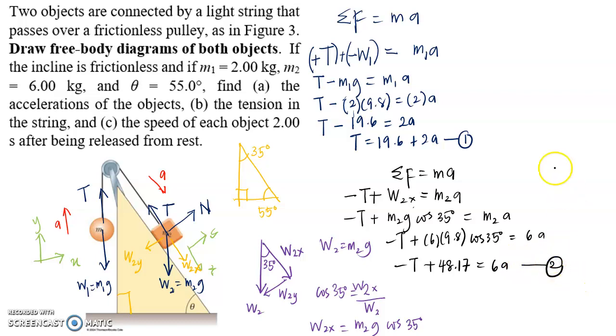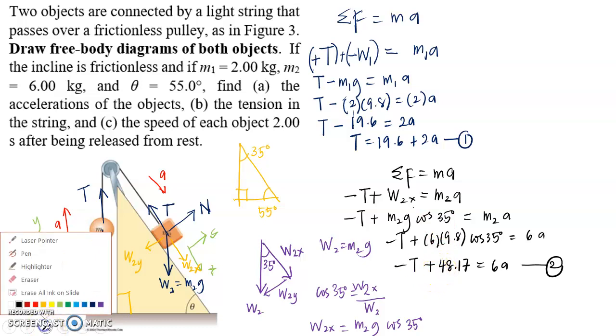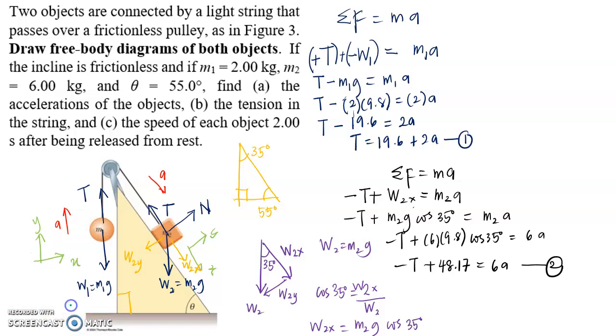So now we have two equations. Definitely we can solve questions A until C by solving the two equations simultaneously. What we're going to do in this case is substitute equation 1 into equation 2.